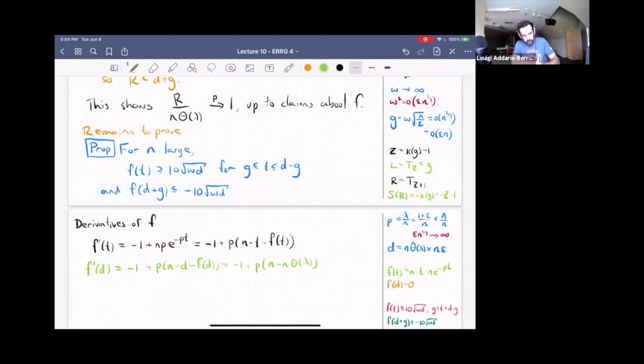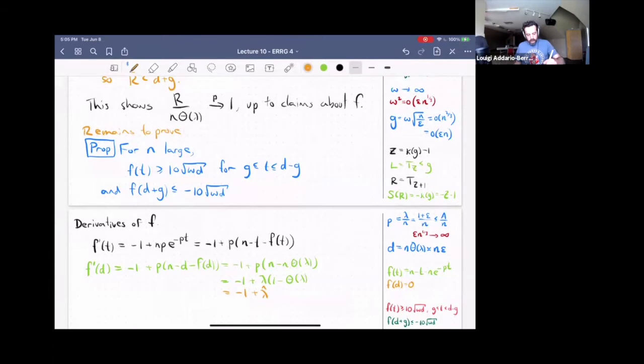Having canceled that and used the definition of d, and np is lambda, I have lambda times 1 minus theta lambda. So this is minus 1 plus lambda times 1 minus theta lambda, which is the definition of the dual parameter lambda hat. So that's minus 1 plus lambda hat, where lambda hat is the dual parameter for a Poisson-Binomial tree with parameter lambda.